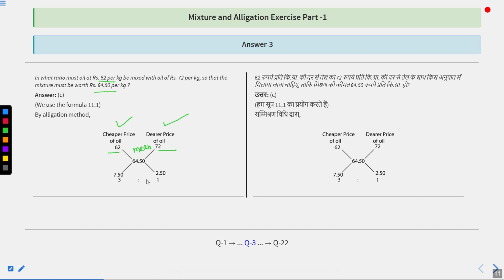When we calculate, we get the ratio of the quantities of the cheaper and costlier oils. The question asks in what ratio the two oils are mixed. So they are mixed in 3:1. C is the correct answer.